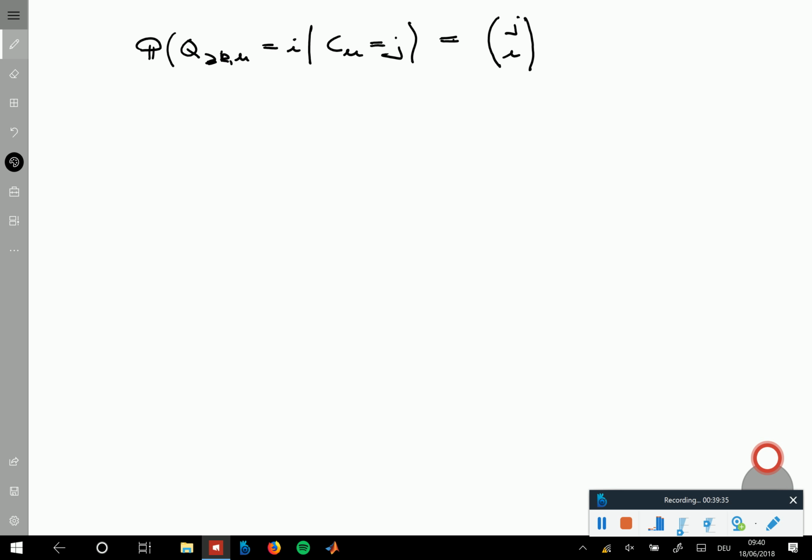So we need the binomial coefficient, and we need mu to the I times 1 minus mu to the J minus I, where mu is the probability of a cluster taking on a volume larger than K. So this binomial distribution of the number of clusters having a volume larger than K makes sense if you know that the probability for an individual cluster to take on a value larger than K is this and that.